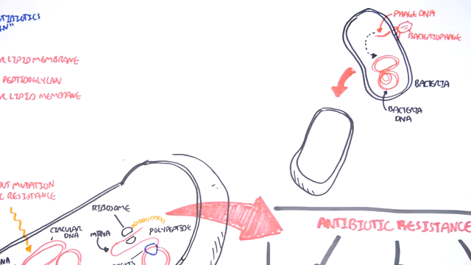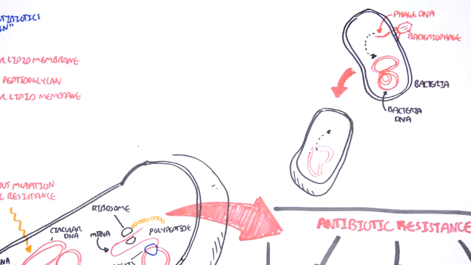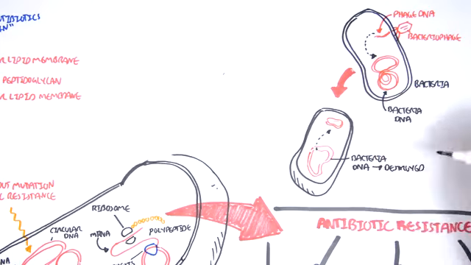And then, after some time has passed, when the time is right, the phage DNA will leave the bacterial DNA and then will begin replicating, destroying the bacterial DNA in the process. So the resistant gene that was part of the bacterial DNA will then be floating around inside the damaged bacteria.